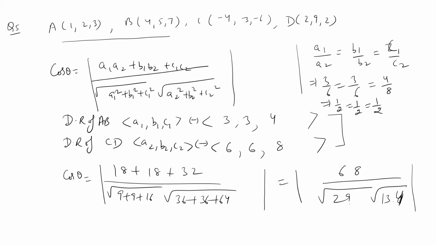Whenever you see such a condition, can anybody answer me what kind of lines are there when the direction ratios are proportional? What kind of lines are they? Yes, the lines are parallel. So what kind of angles do the parallel lines make?